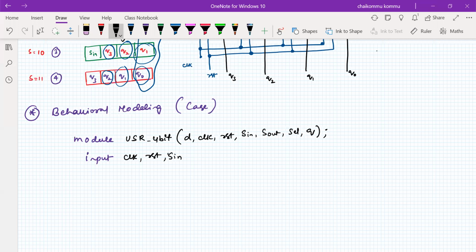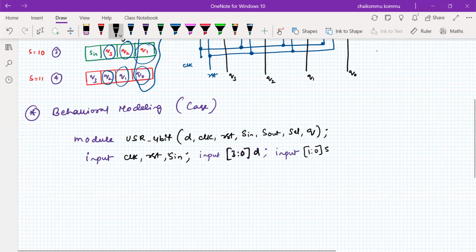But another input size is 3 down to 0 of D. Next one is another input, 1 down to 0 of S, the selection line. Okay, that's fine.